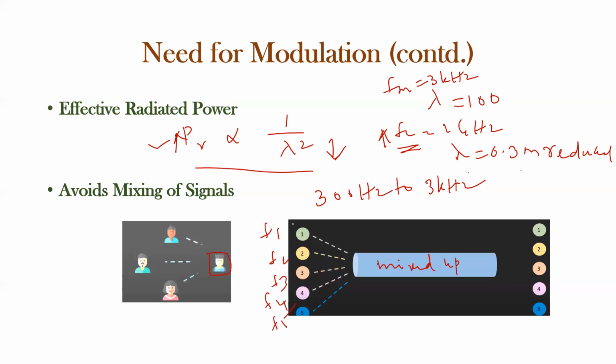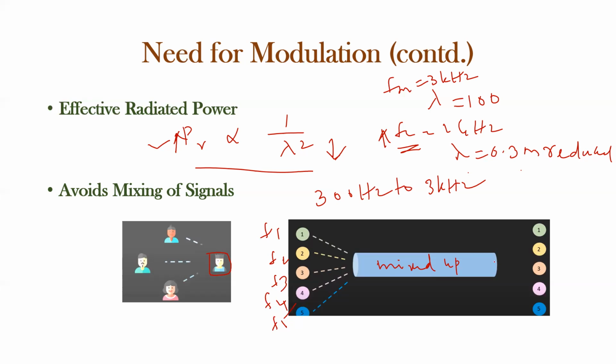Now, since each person's speech is modulated with a different carrier frequency, which are far away from each other, after modulation, though all these 5 signals pass through the same communication channel, there won't be any mixing of signals, because each and every signal is modulated with a different carrier frequency.